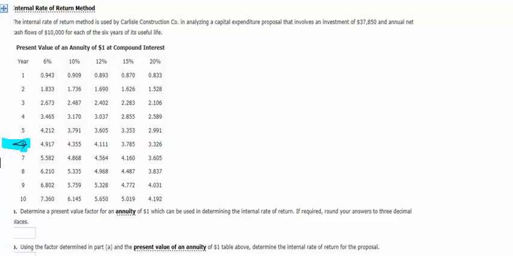I'm going to take my, correcting that, I'm going to take my $10,000 because that's the cash flows, and it's going to be for 6 years. Now I'm going to try to figure out which one of these factors is going to be the correct one. So I'm just going to pick one, and I can take this one.